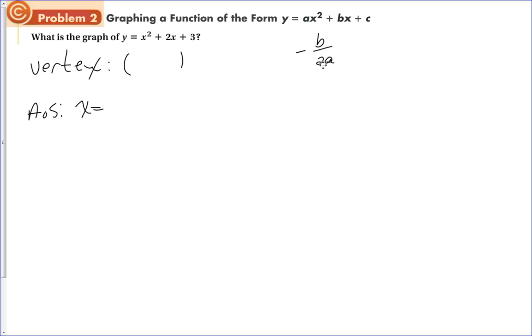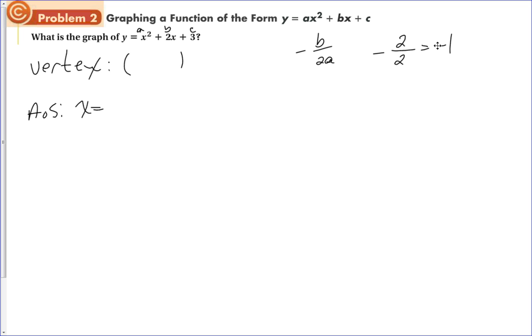So let's go ahead and evaluate this. We have b is 2, a is 1, and c is 3, just so we have it. So negative b, which is 2, over 2 times a. Well, a is 1, so 2 times a is just 2. So negative 2 over 2 is simply negative 1.